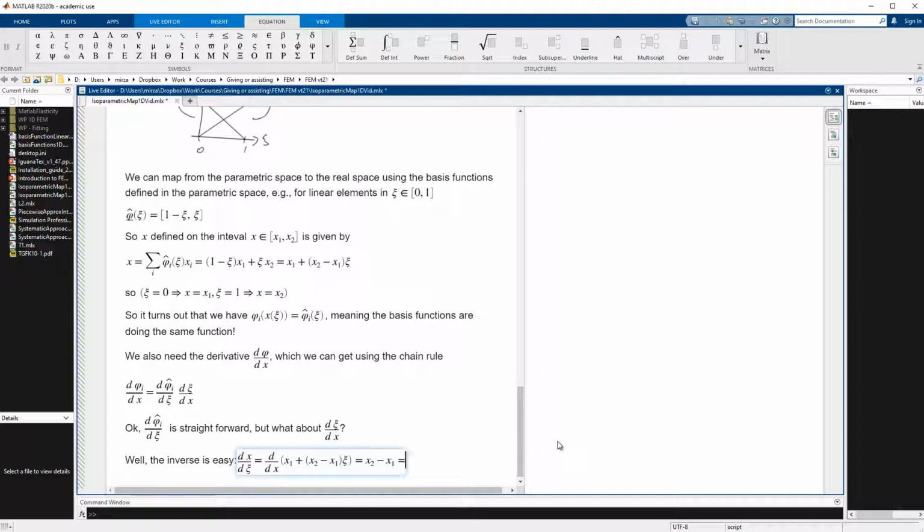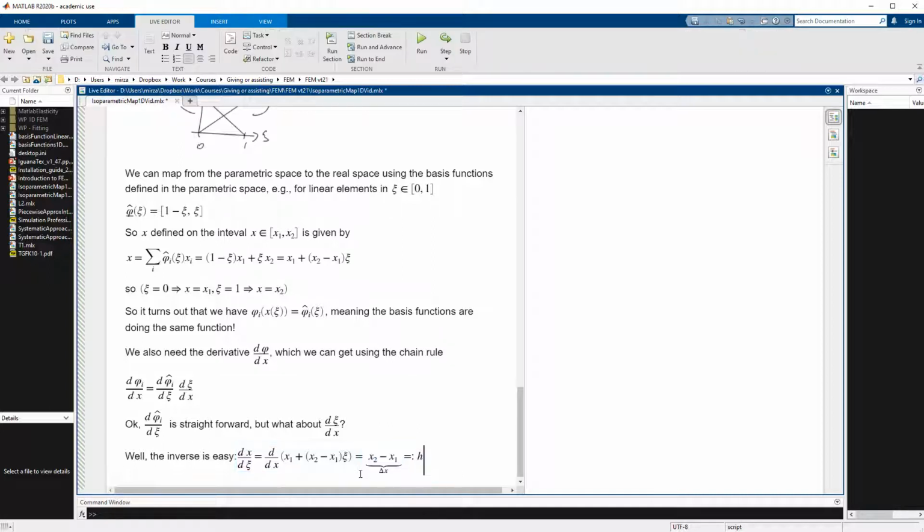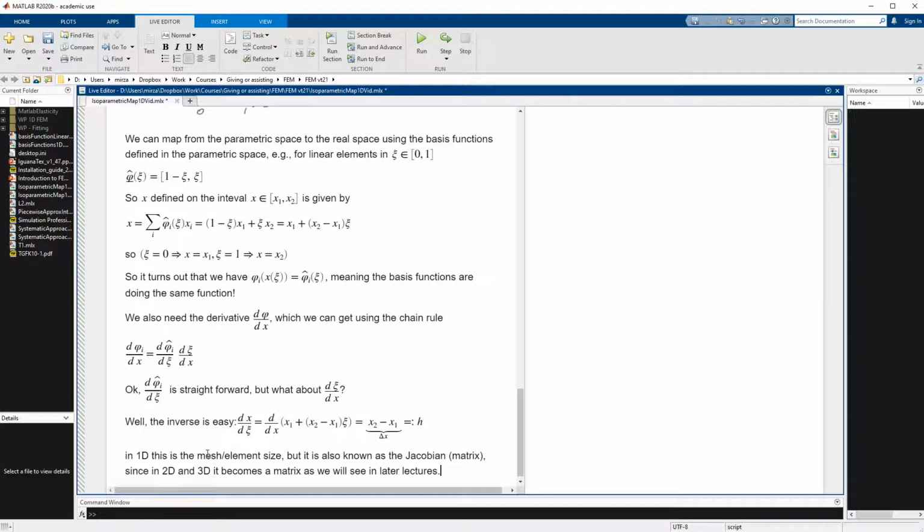And this is actually defined as h. So h is our element size. But really what this also is, is delta x. So it's the difference of x, which is our element size. In 1D, this is the mesh or element size, but this is also known as the Jacobian.